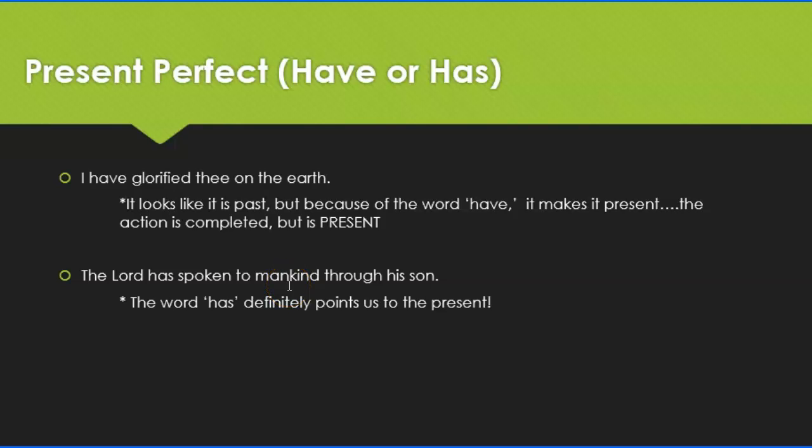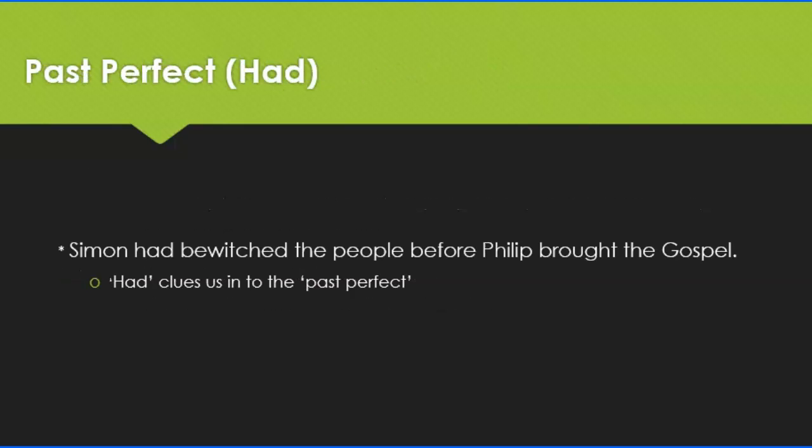It's something that is still going on. It's still present tense. So has and have are the words that you're going to see with present perfect. So think about being a detective. Look for these clue words. If you see that, you most likely have a perfect tense.